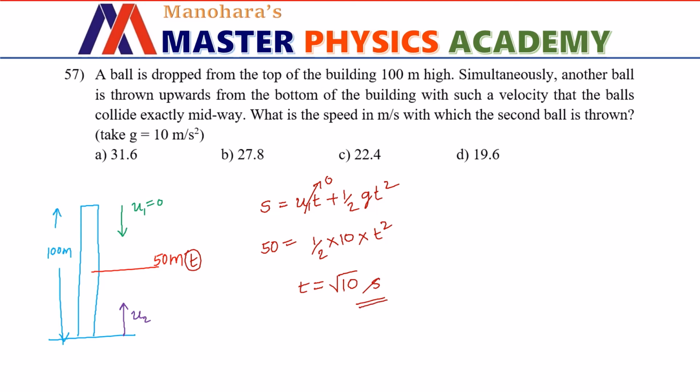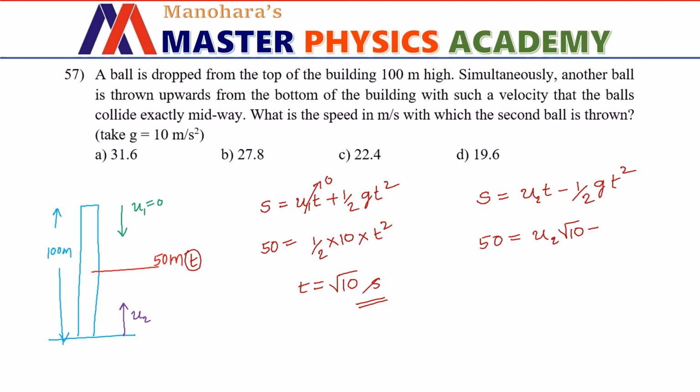Let us consider the equation of motion for the second ball. So we have S is equal to u2t minus half gt squared. Why minus? Because as it moves up, its velocity goes on decreasing because of acceleration due to gravity acting downwards. So now let us substitute. S is 50 equals u2 times root 10 minus half gt squared. See, half gt squared is equal to 50.